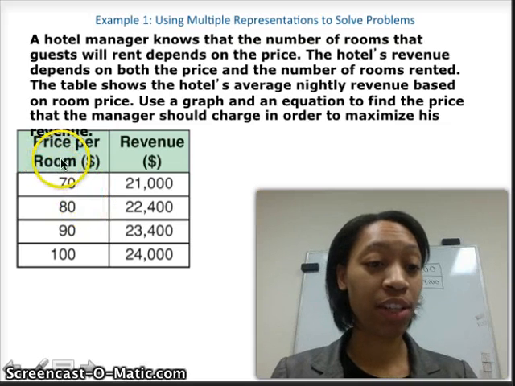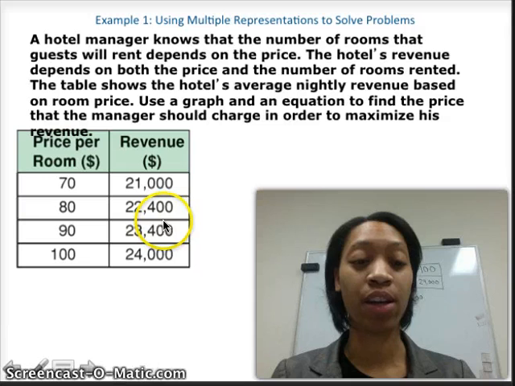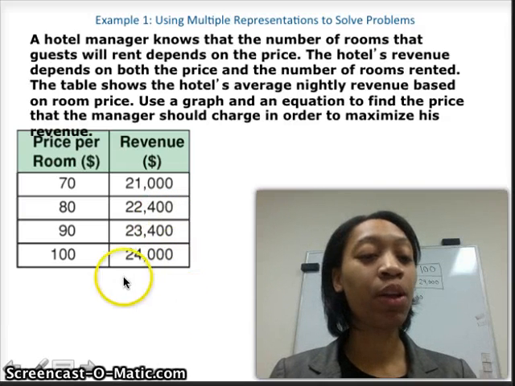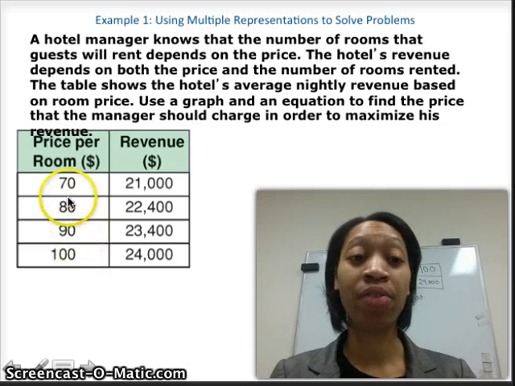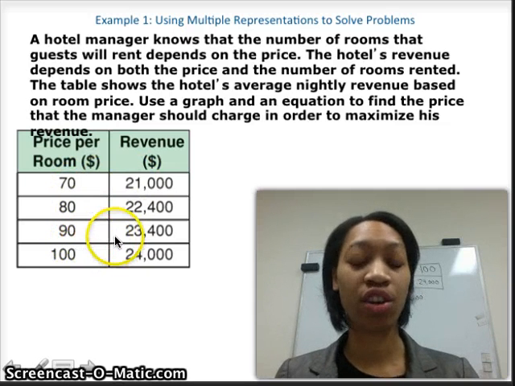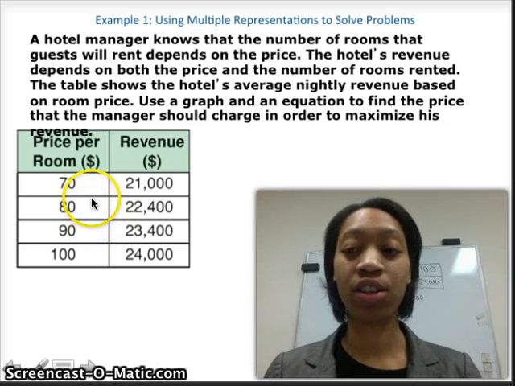In this table, they're telling us the price per room and the revenue that he makes for each price. When you're given a table, one of the things we can do is find the differences to tell us which type of parent function this is.